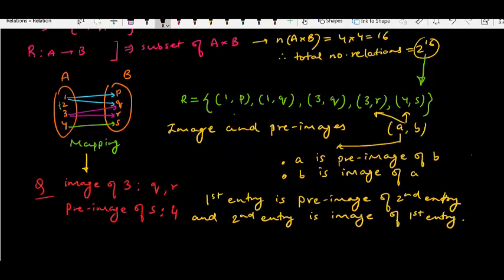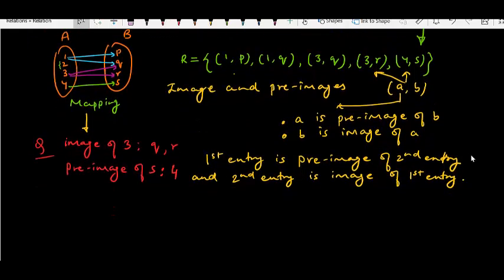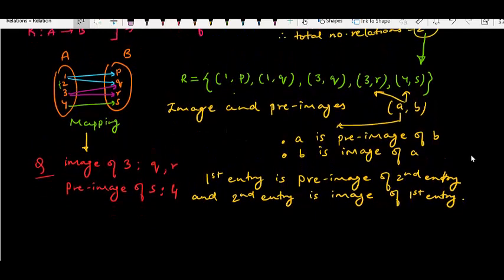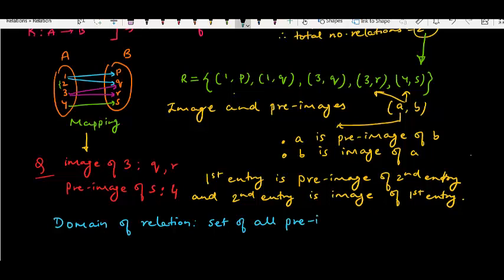Then with context to any mapping, we also use a term called the domain of a relation. What do we mean by the domain of a relation? It is the set of all pre-images.